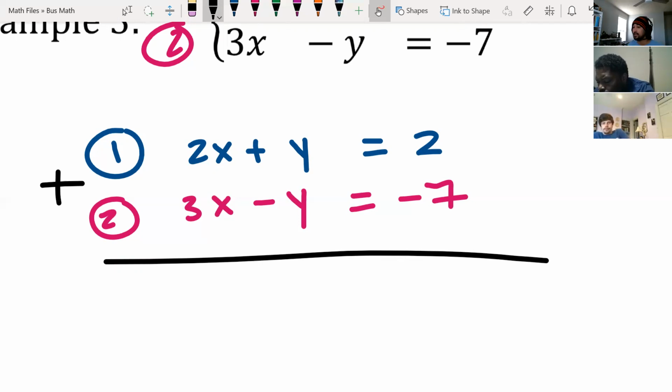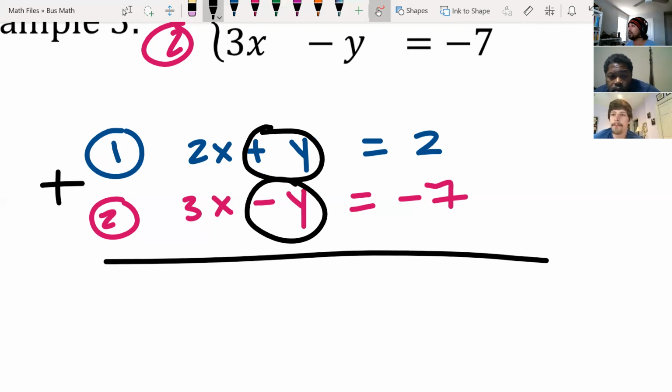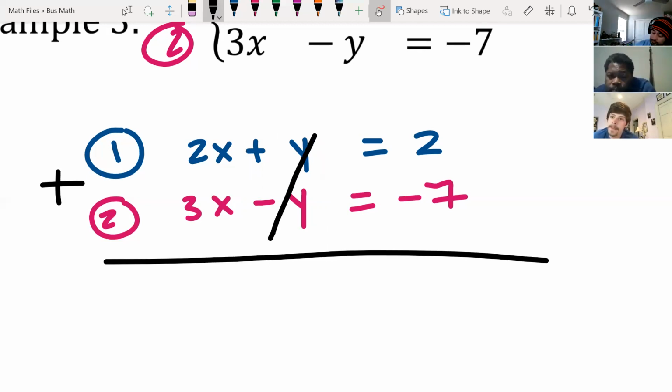So for this example, like I said, it's nicely set up. What variable is going to eliminate when I add these two equations together? So there's a positive y there and a negative y. So y plus negative y is going to give me what? 0. Good. So this means when we add these two equations together, my y's will cancel, and I'm going to add up these x's.